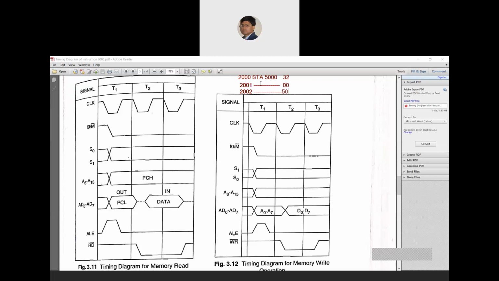Okay, so this is your opcode fetch operation.